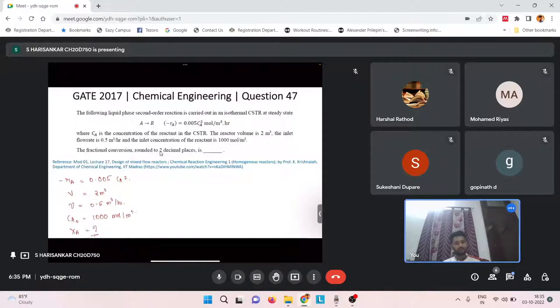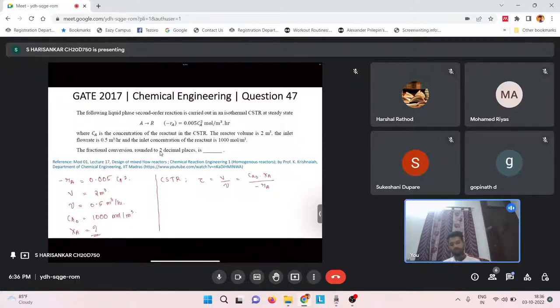All this is taking place in a CSTR, so this is a direct application of the design equation of CSTR. For CSTR, the design equation is tau is equal to V by nu, which is equal to Ca0 into Xa by minus Ra.